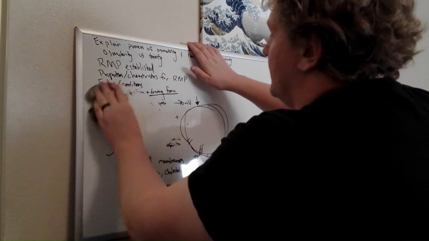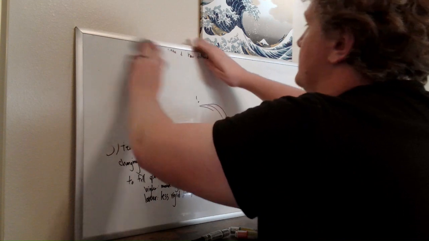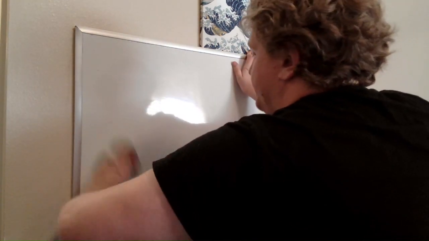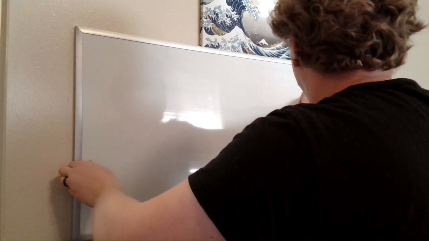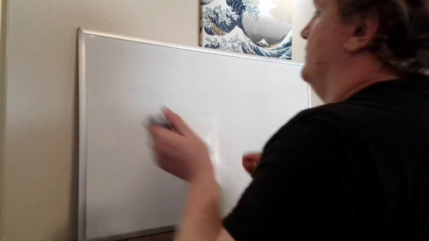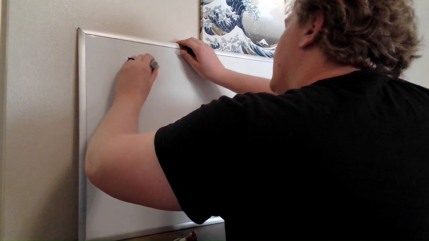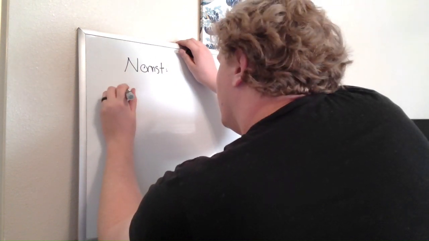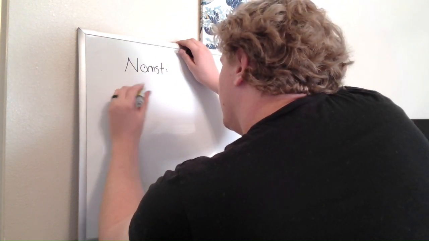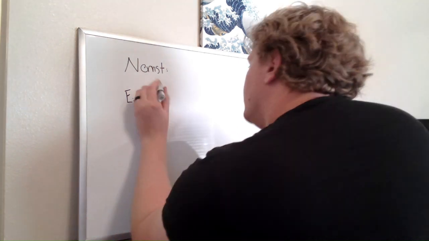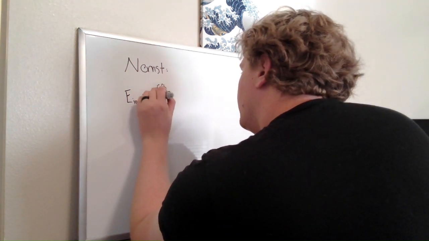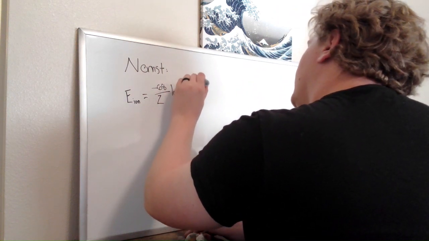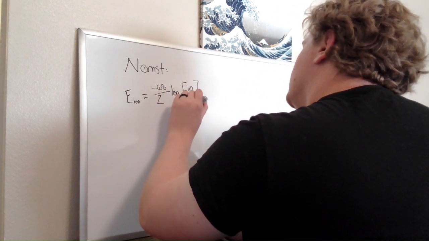And finally, we will talk about the Nernst equation and driving forces. So, the Nernst equation is equal to E ion, which is going to be equal to negative 68 all over Z log of the concentration in over the concentration out.